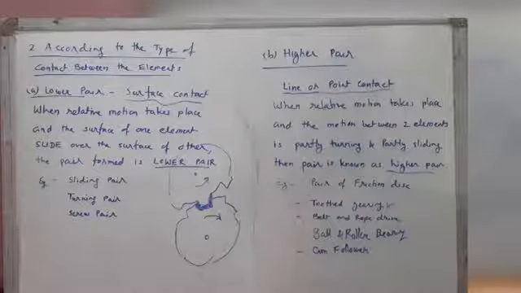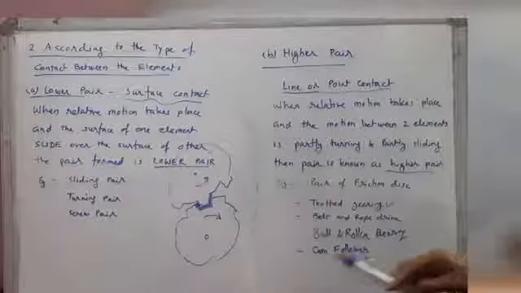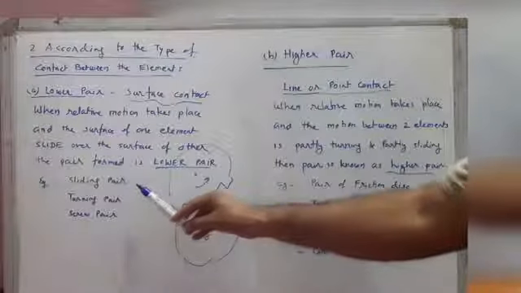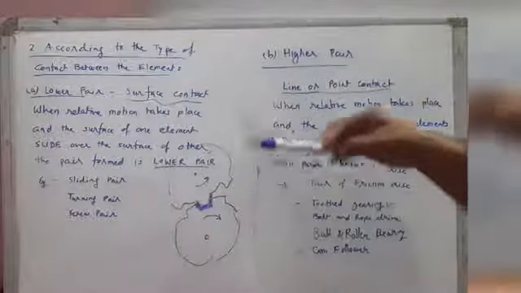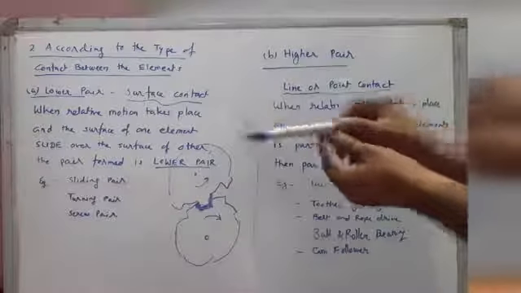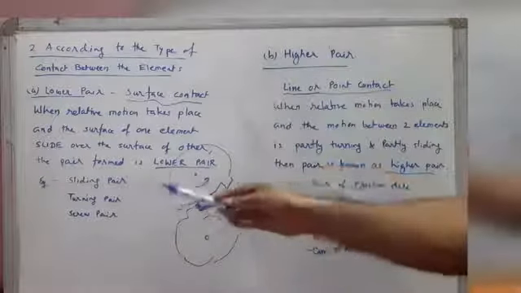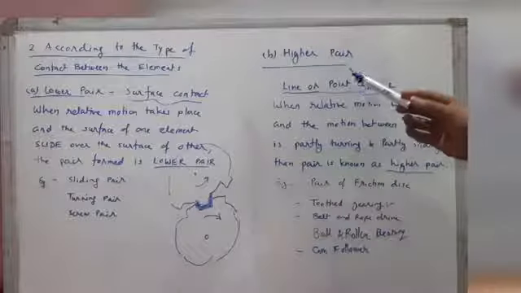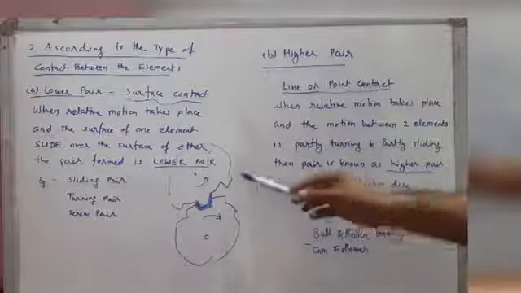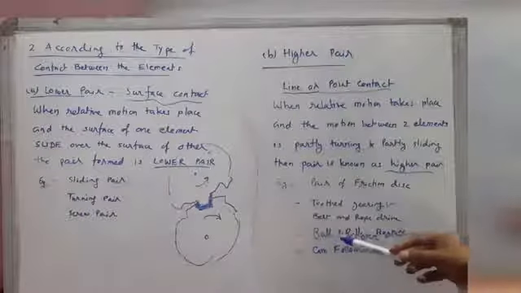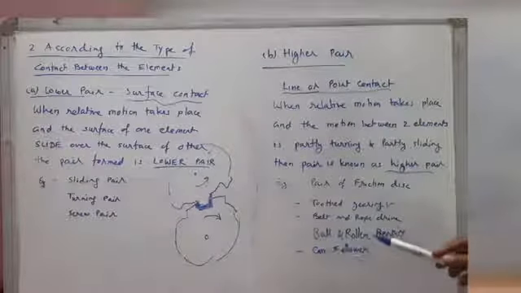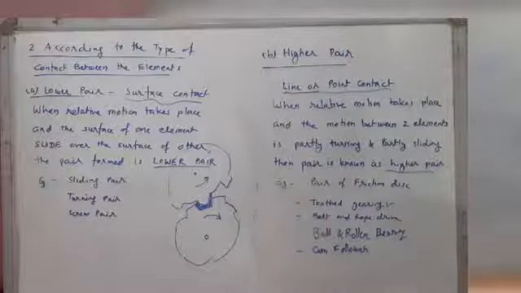Examples of lower pair are sliding pair, turning pair and screw pair. Examples of higher pair are toothed gearing, belt and rope drive, pair of friction disc, ball and roller bearing and cam and follower.